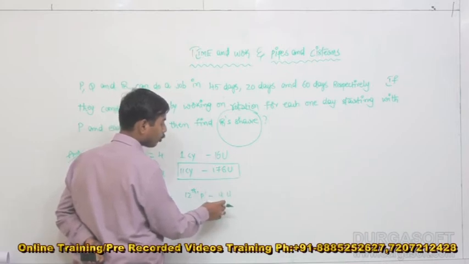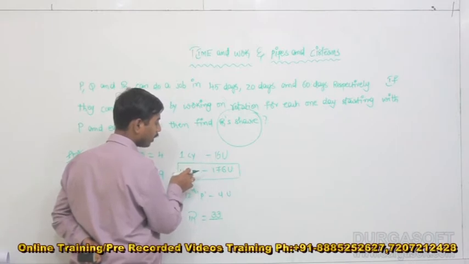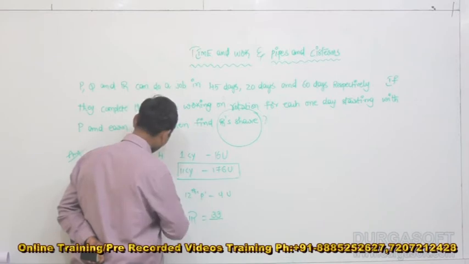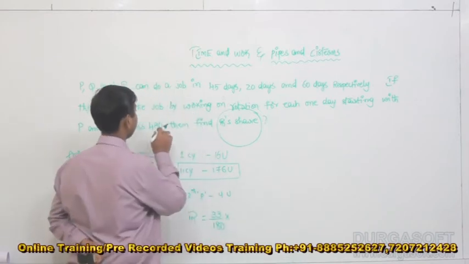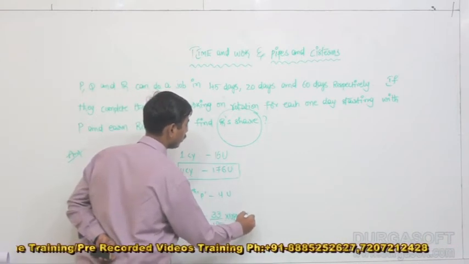R completed a total of 33 units of work in those 11 cycles, out of 180 units. What is the payment here? 480. So we can find the share of R.